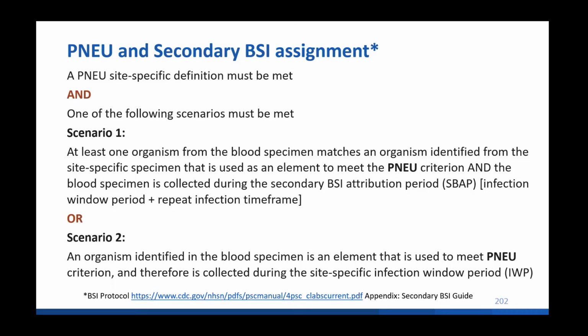As Latasha presented in the secondary BSI attribution session, in order for a BSI to be determined as secondary to another site of infection, a site-specific definition, in this case pneumonia, must be met, and either secondary BSI scenario 1 or secondary BSI scenario 2 must be met. And I'll give you a moment to review the slide and refresh your memory as to what these scenarios entail.